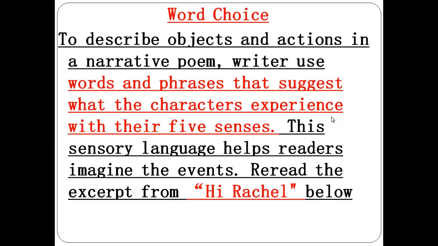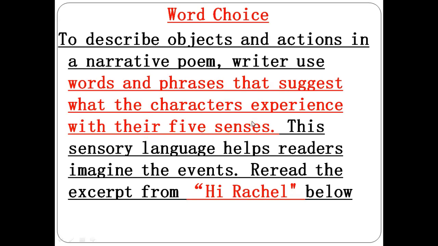And there's the third, word choice. So word choice is very much important in choosing the right words for the right occasion, and particularly in writing a poem and using language in poetry. To describe objects and actions in a narrative poem, writers use words and phrases that suggest what the characters experience within their five senses.